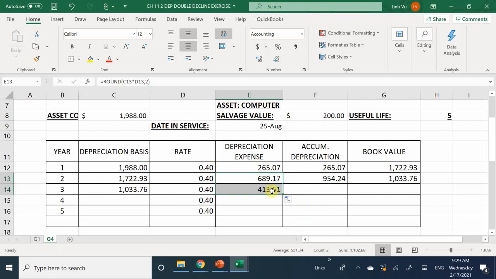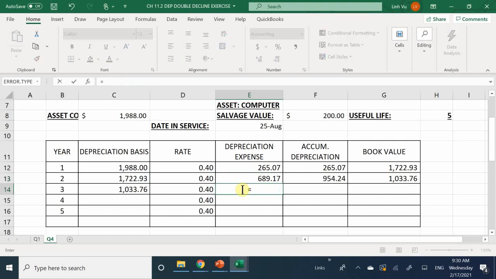Make sure you round up. Yeah, 413.50 also.